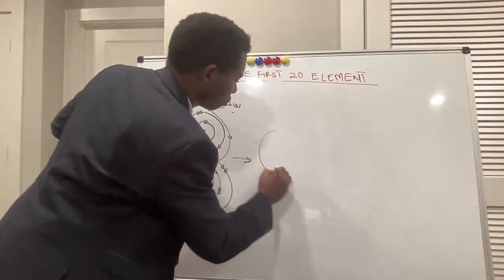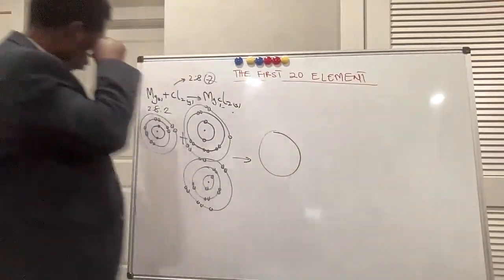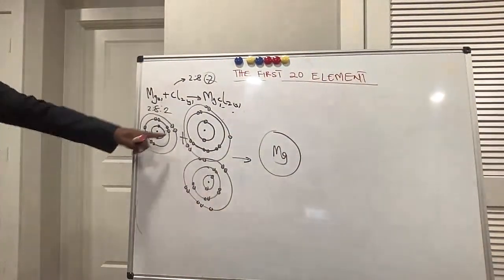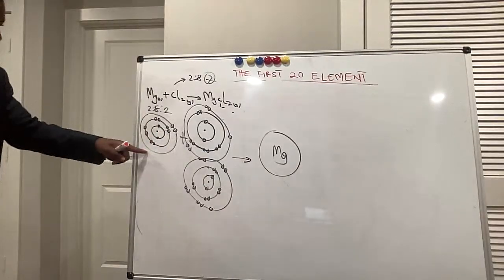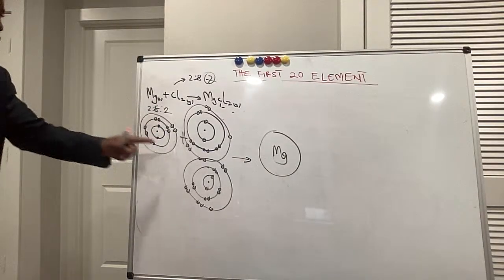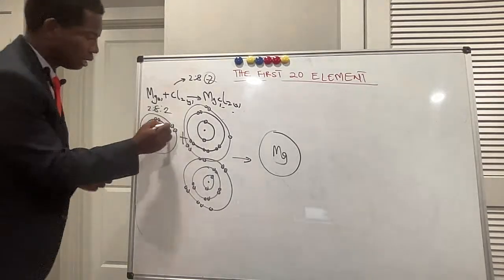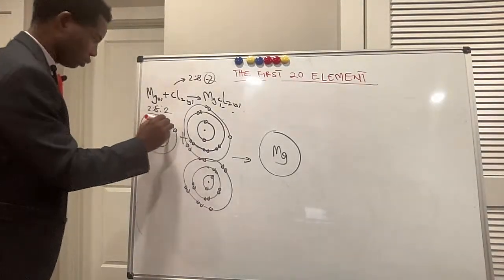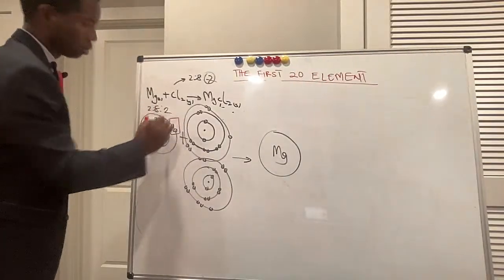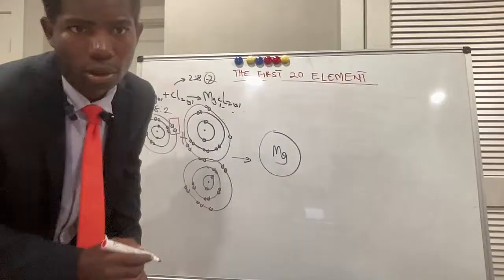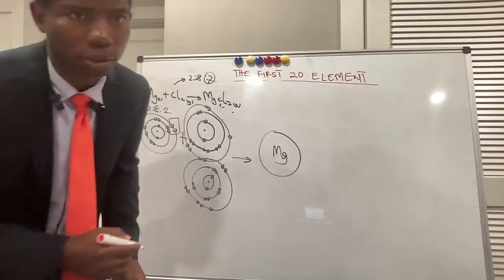So what is the electronic configuration of magnesium here? 2.8.2. So now let's take the 2 electrons. It is only these 2 electrons that will react.